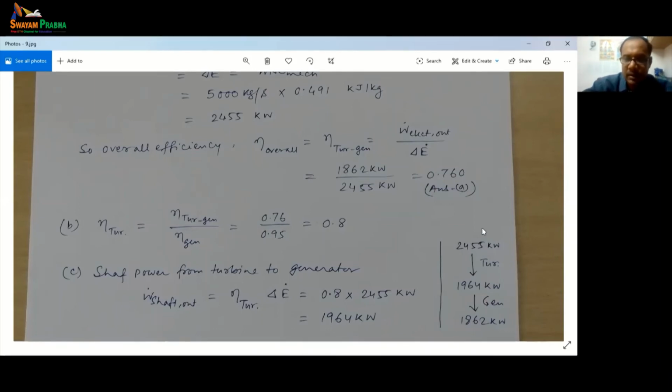So here at the right bottom corner you can see that first the mechanical energy available is 2455 kilowatt. Due to turbine efficiency, we can only harvest a part of it, which is 1964 kilowatt, going to the shaft. Then the generator loses a bit of it, and ultimately what you are getting is 1862 kilowatt as the effective electrical output.